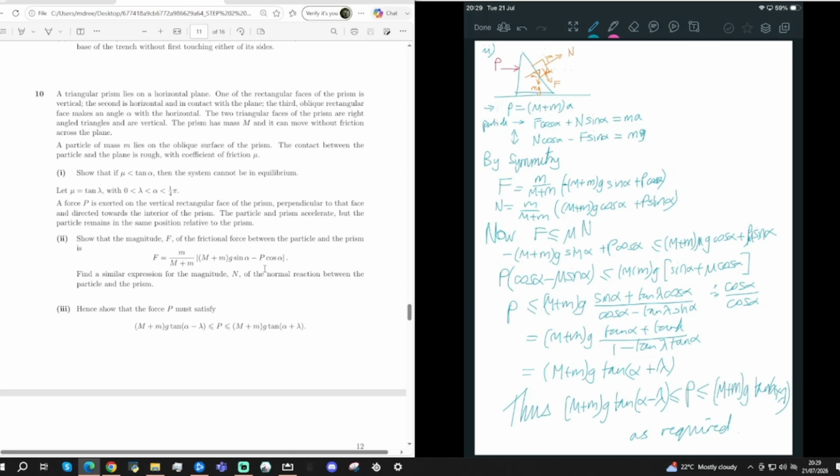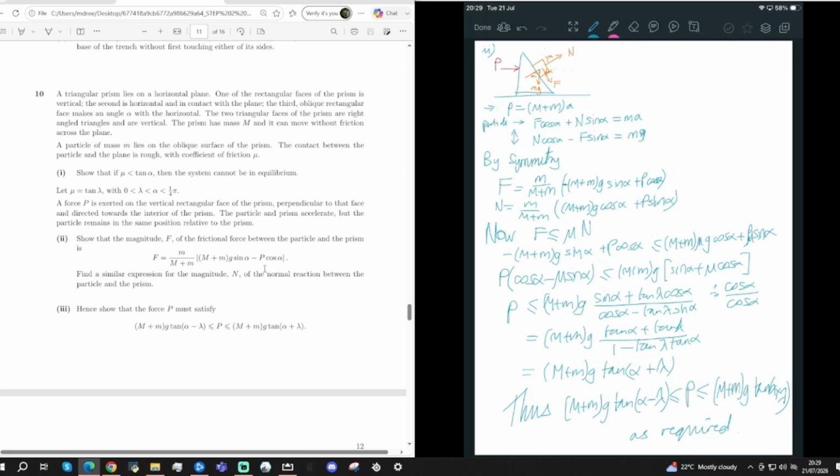Which does make sense: if you ever put a ball on a ramp and you push the ramp, the ball might roll down if you're not pushing the ramp hard enough, or the ball will roll up. Not really how fast, but rather the acceleration that you're applying to the ramp.